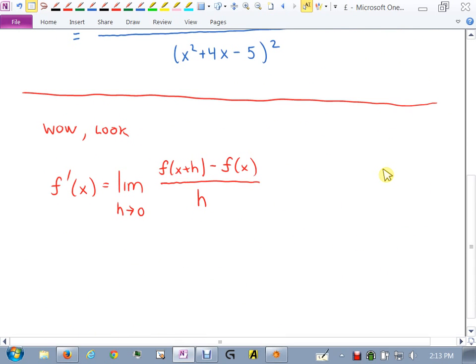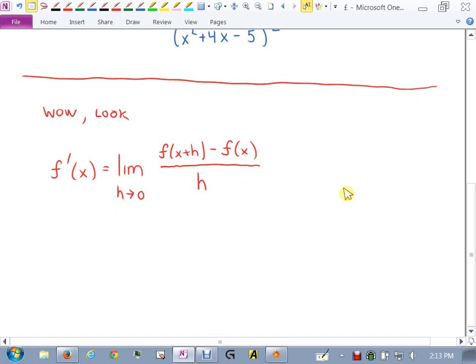All right. More quotient rule? How about this?